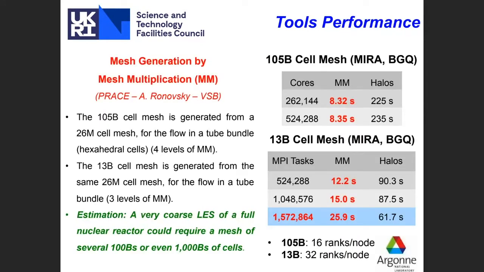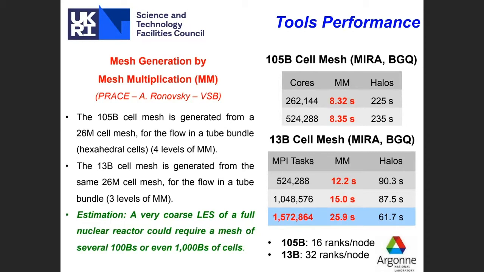So in terms of tool performance, when you run on a distributed memory machine, you've got non-overlapping subdomains, but these non-overlapping subdomains rely on halo or ghost cells to get information from the neighboring subdomains.